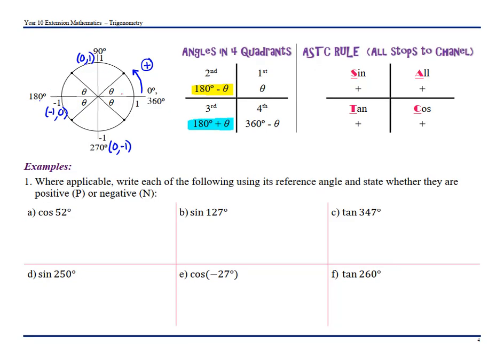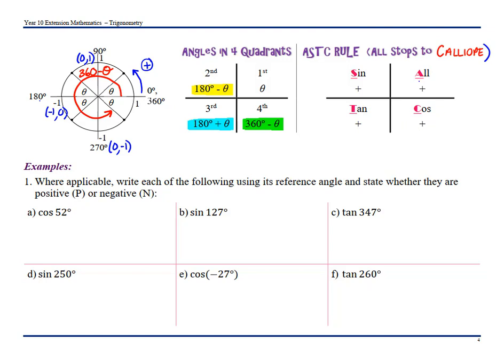If I'm in my fourth quadrant, I'm starting here going all the way around to that ray. So it's going to be 360 minus what my theta is. Okay, the other thing we noted was all our ratios are positive in the first quadrant, sine is positive in our second quadrant, tan is positive in our third quadrant, and cos is positive in our fourth quadrant.